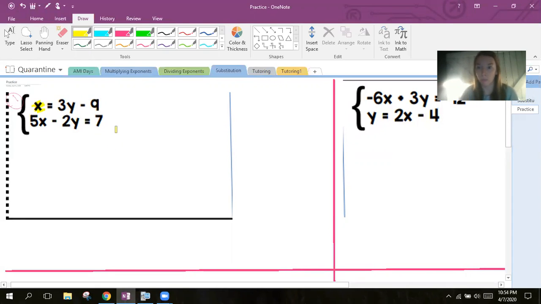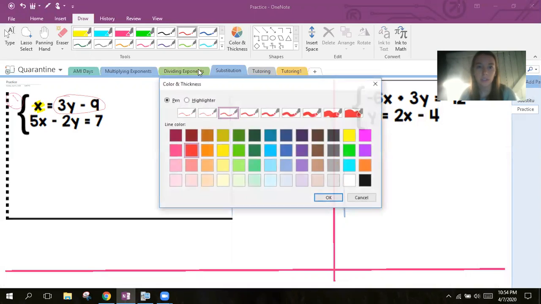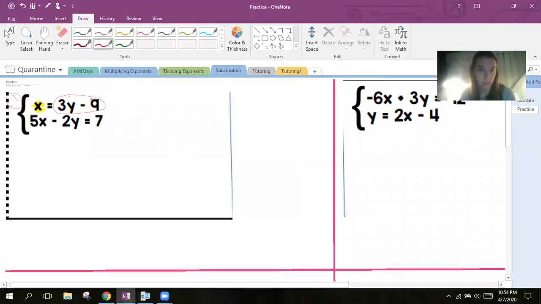That's really good news when we're solving for substitution, because then all we have to do is take what it is set equal to and substitute it in everywhere we see an x in this case, because that's what it's set equal to.